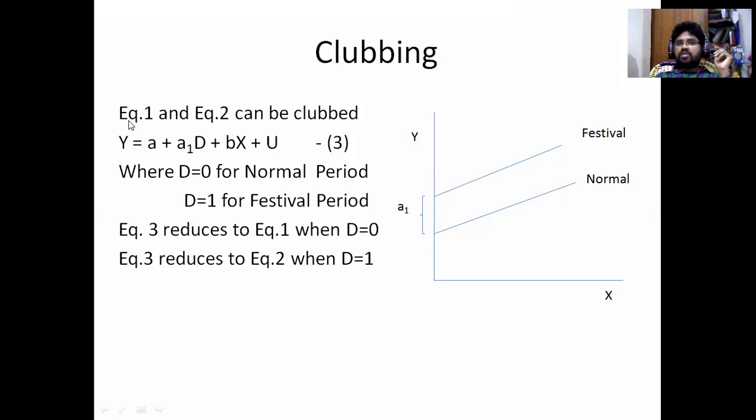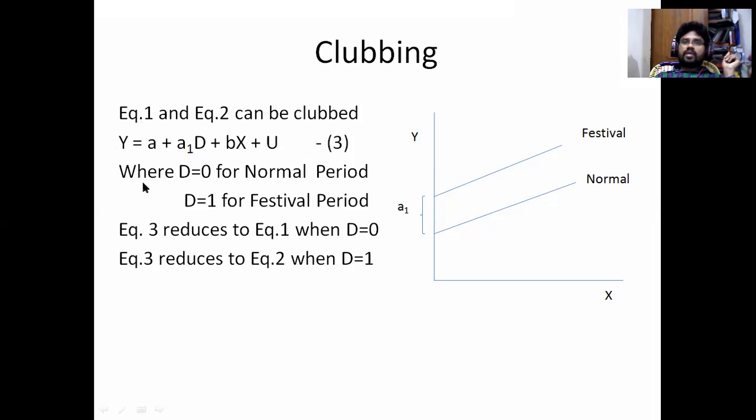If you club the first and second equations, what will happen? Y is equal to a plus a1 d, where d is a dummy denoting the presence and absence of the festival, plus bx plus u.